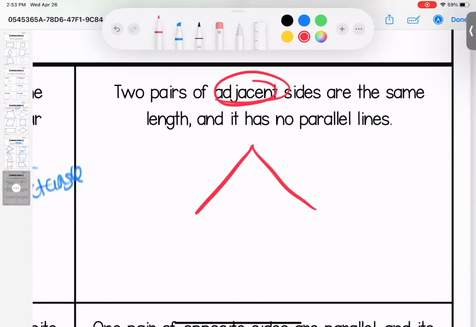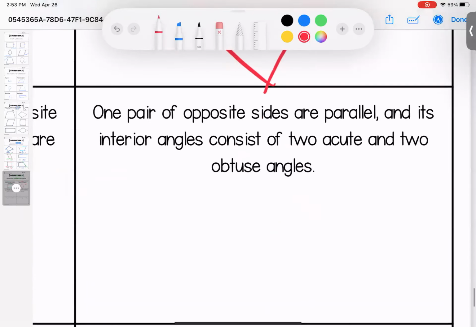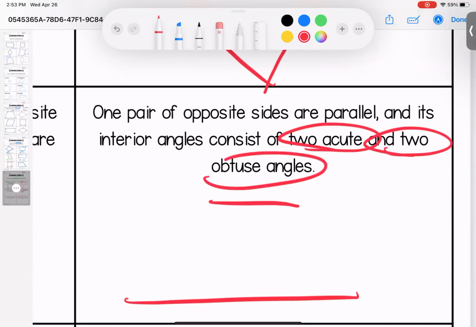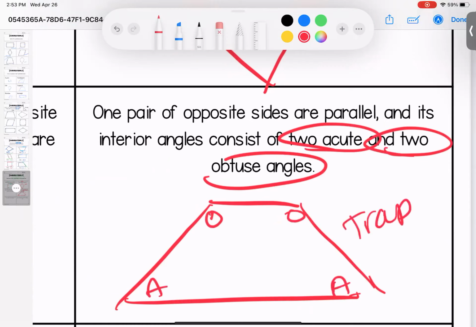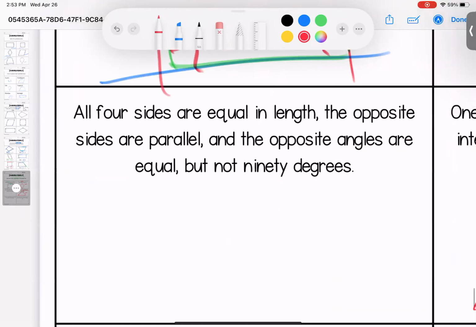So adjacent, adjacent. No parallel lines. This is a kite. One pair of opposite sides that are parallel. Its interior angles are two acute and two obtuse. These are obtuse, obtuse, acute, acute. It's a trapezoid.